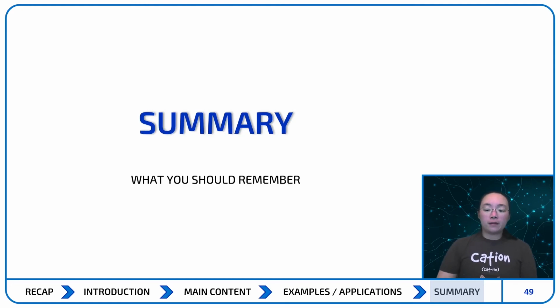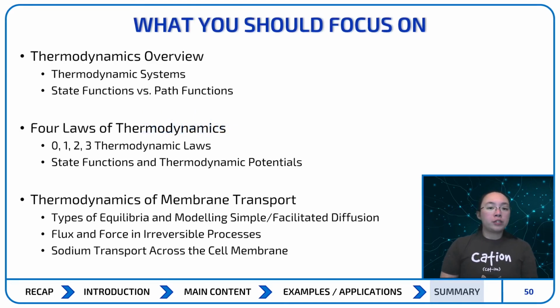Now for a summary. What should you focus on for this chapter? Well, for these lectures, you should really focus on how to define thermodynamic systems, as well as what the difference is between state functions and path functions. Definitely know what the different state functions are, as well as which path functions there are in terms of thermodynamics.